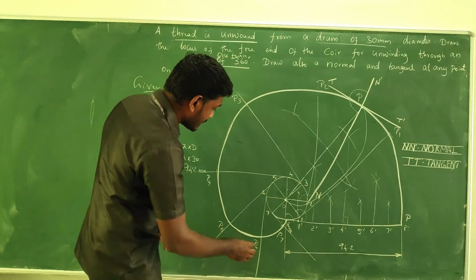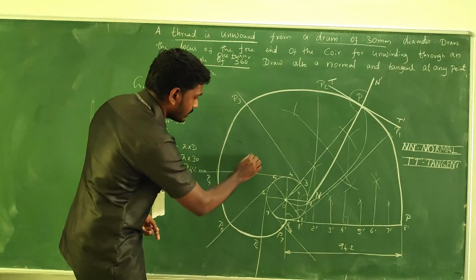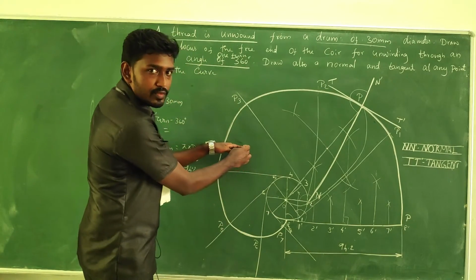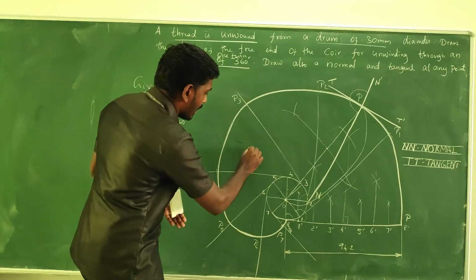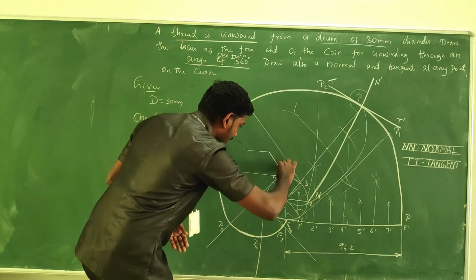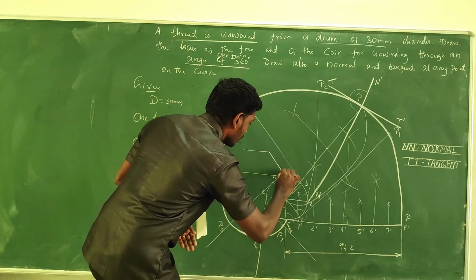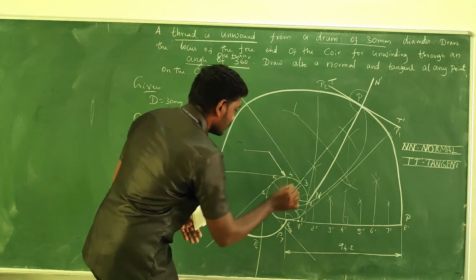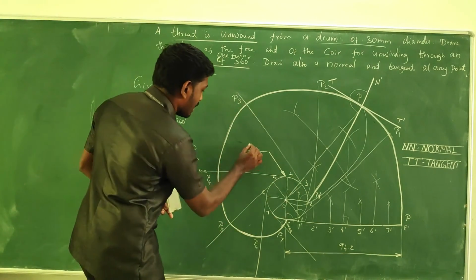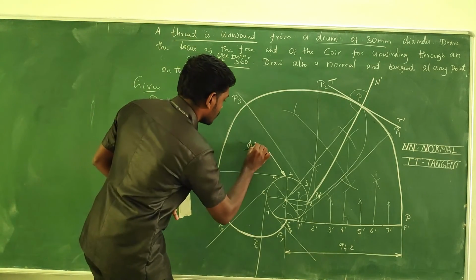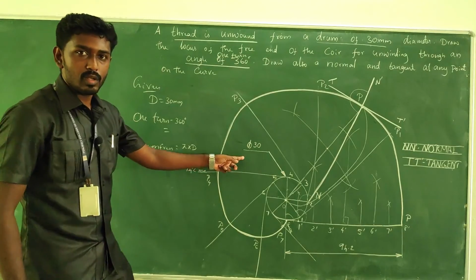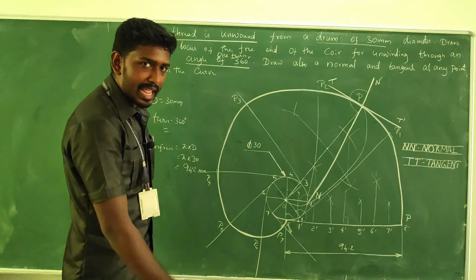For that you can take leader lines. I am writing inside it without any intersection with the construction line. I am taking a leader line like this from the circle and writing above it diameter 30, right? So all the dimensions we have captured are in mm.